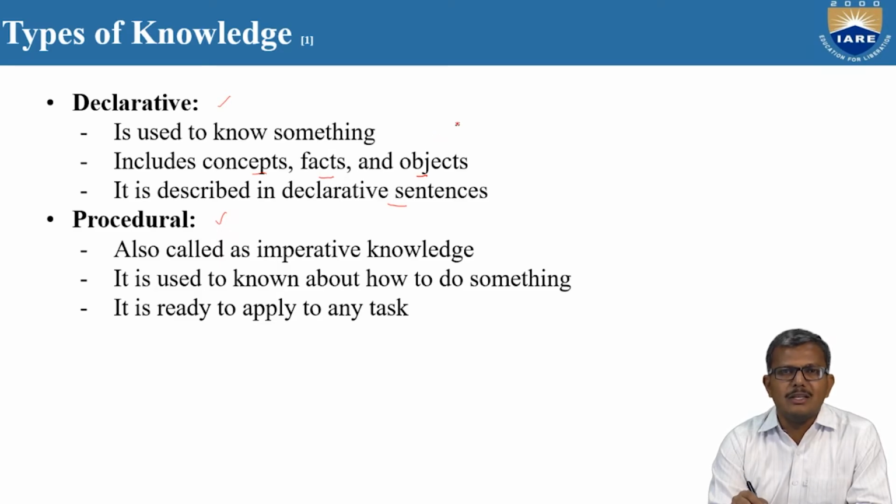For example, I can say it is raining, or Marcus is a man. These are 2 statements giving some general information about their domains. Sita is the mother of Gita. These kinds of sentences are the declarative sentences.